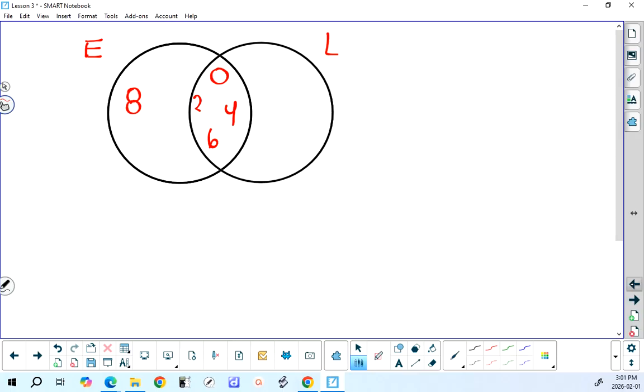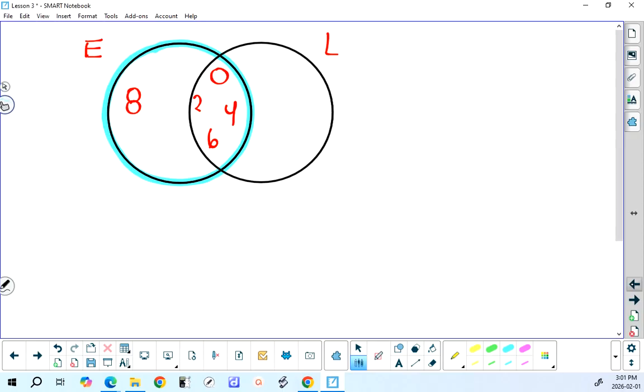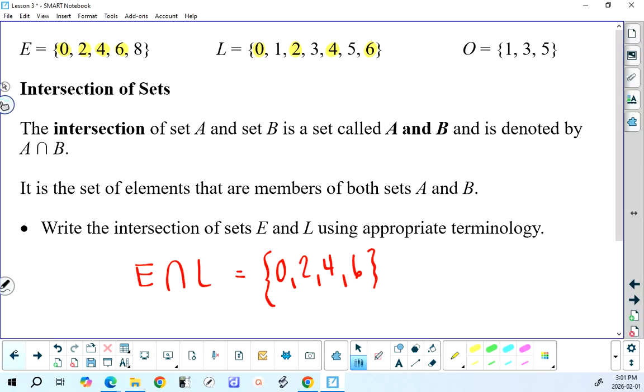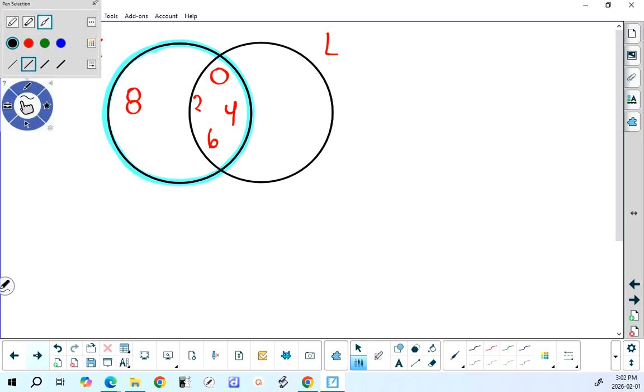And if you now focus your attention on set E, it contains all of the elements of set E. It contains 0, 2, 4, 6, and 8. Now we focus on L. What was set L? It was 0 through 6. So if I put in those other elements of set L, I already have 0, 2, 4, 6.